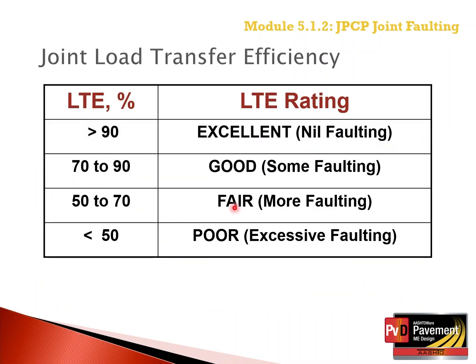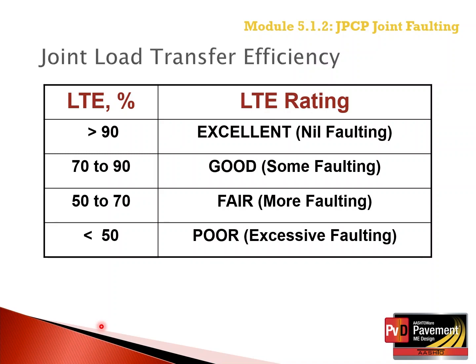A tabular summary is included in this slide that simply provides a verbal description of the different load transfer efficiency ratings. More than 90% is considered excellent, and the resulting faulting will be very low or nil. An LTE value ranging from 70 to 90% is considered good, and the resulting faulting should be low.